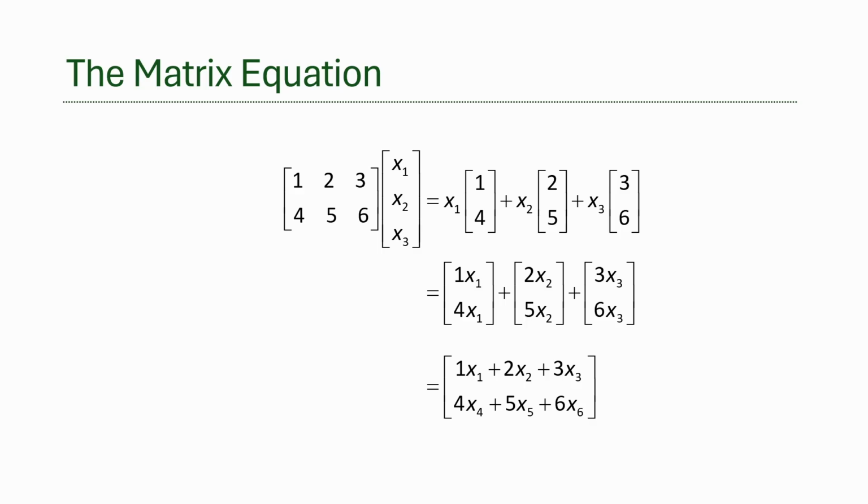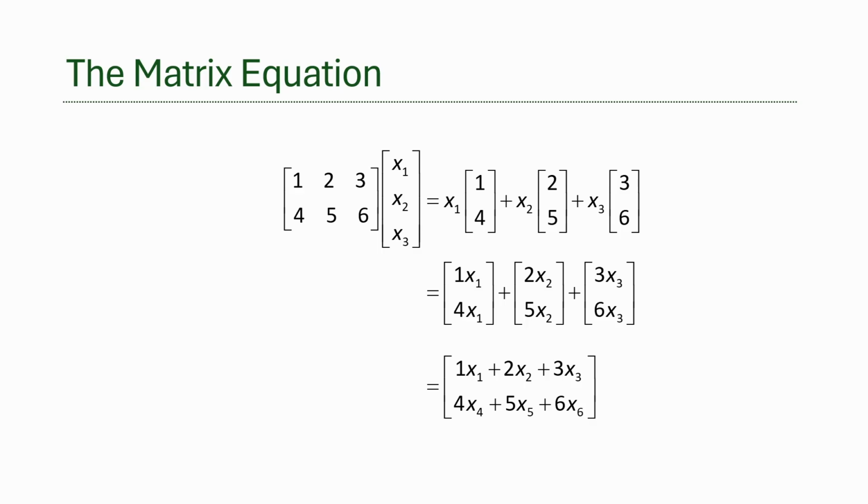I have come up almost with a formula for multiplying the matrix and the vector, and it relies primarily on the rows. To get the first entry of the result here, I take the elements of the first row and multiply them by the vector. To get the second entry, I take the elements of the second row of the original matrix, 4, 5, and 6, and multiply them by the vector.